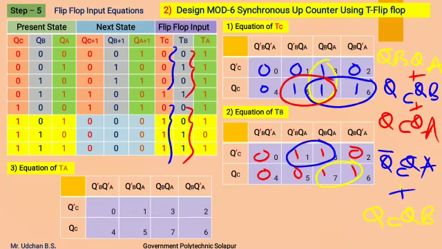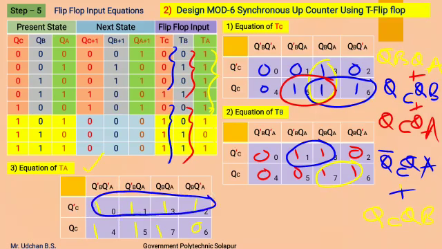So after that we can have the equation of TA. We will enter the values of TA. First 4 are 1 1 1 1. After that the next 4 are 1 1 0 1 1 1 0 1. So in this we can have 4 quads.